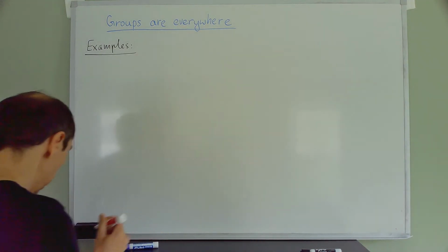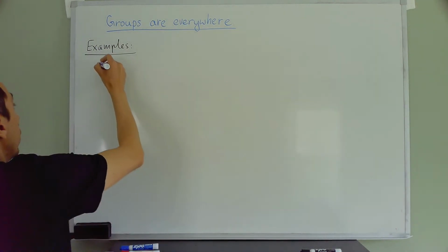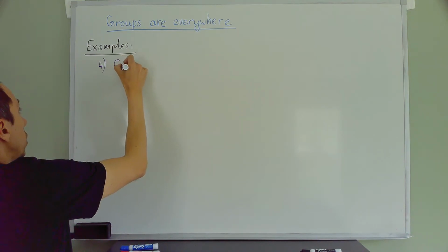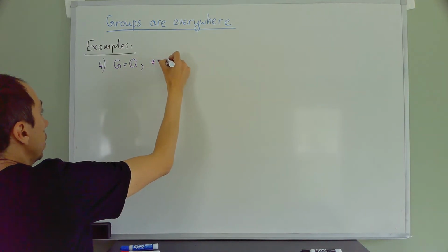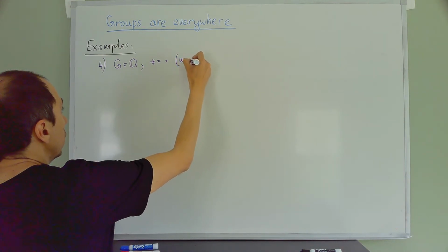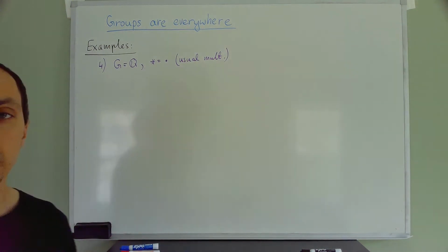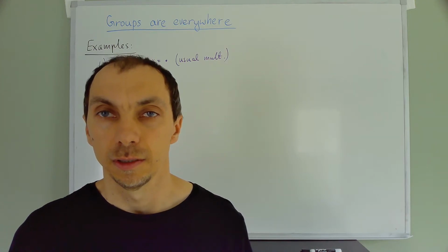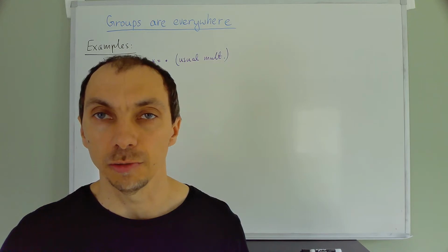Example 4. I'm going to take G to be Q and star to be the usual multiplication in Q. So let's quickly go through the axioms. Is this multiplication in the rationals associative? Yep. Is there an identity for multiplication in the rationals?